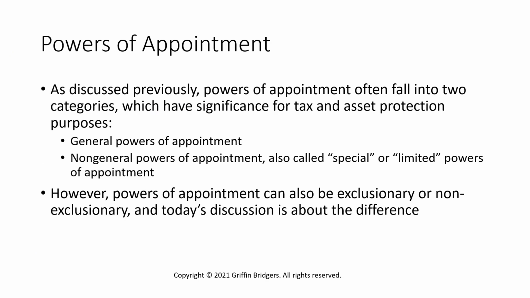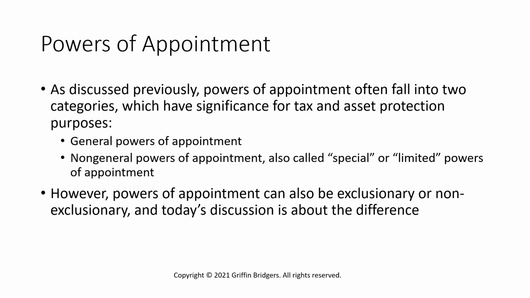Now, in a previous episode, I've discussed the two tax and asset protection classifications of powers of appointment. That's a general power of appointment and a non-general power of appointment, which could also be called a special or limited power of appointment.